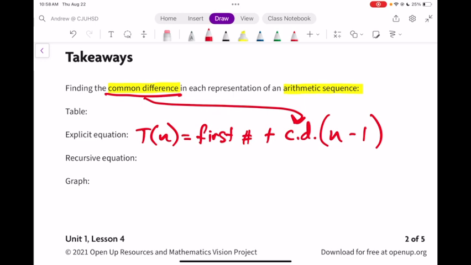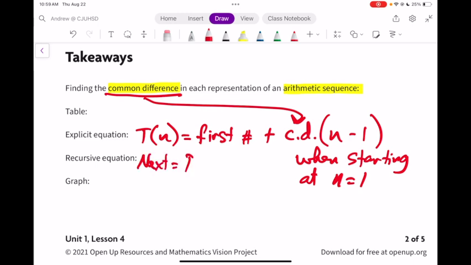And that will be true when we start at n equals 1. The recursive is going to be next equals previous plus that common difference again. And the graph will be linear when you have an arithmetic sequence. Those are our big takeaways from this lesson.